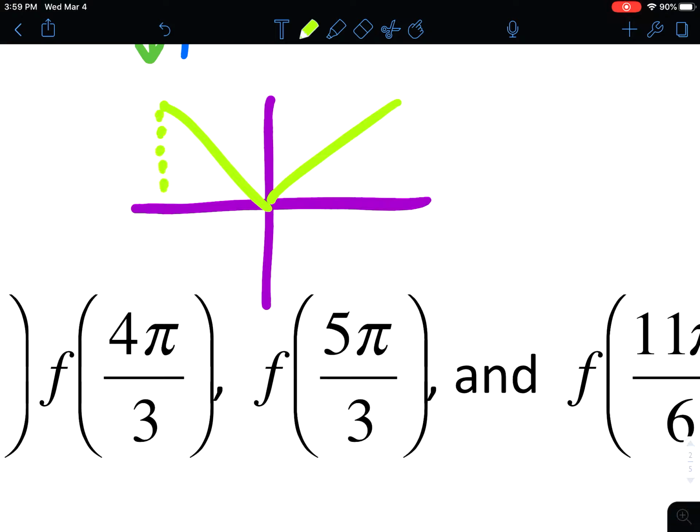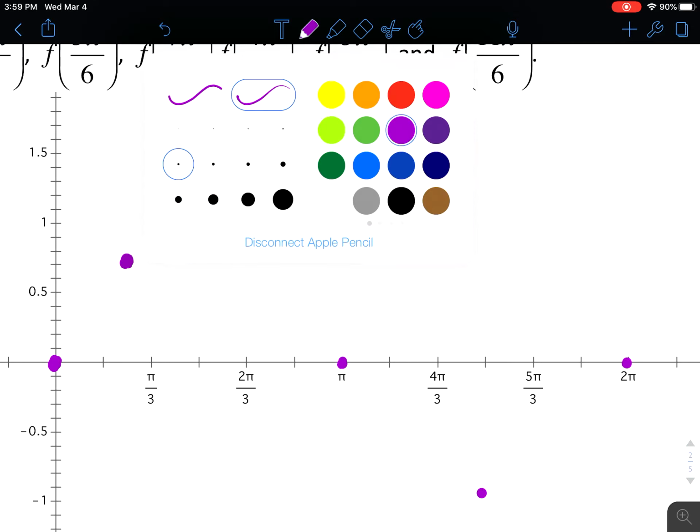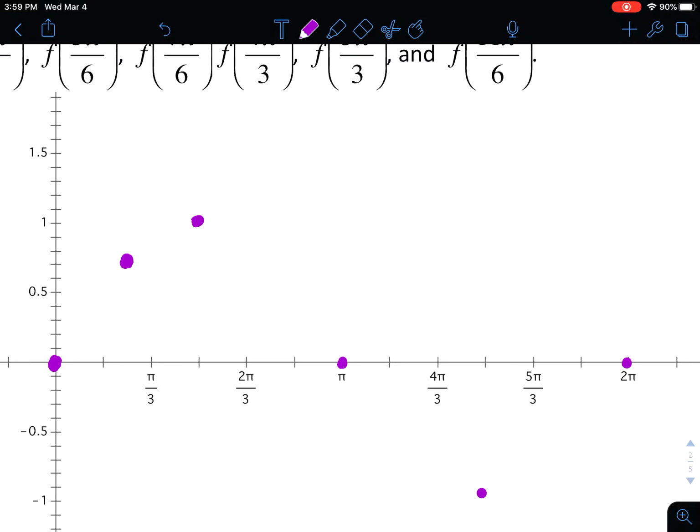They're going to look like this, and so their sine values are going to be identical. So I can drop in that value for 3 pi over 4, the same height.